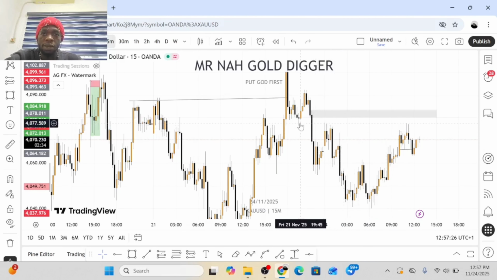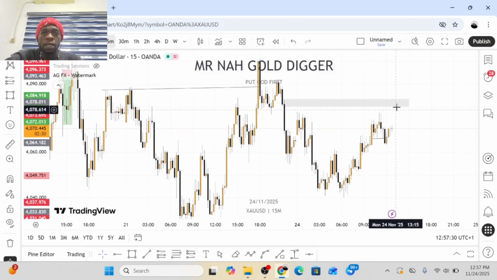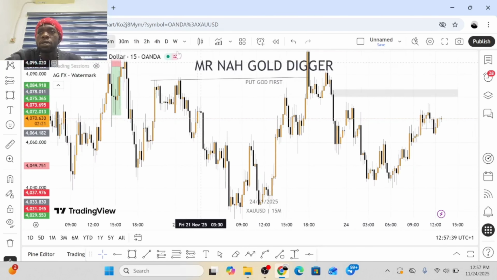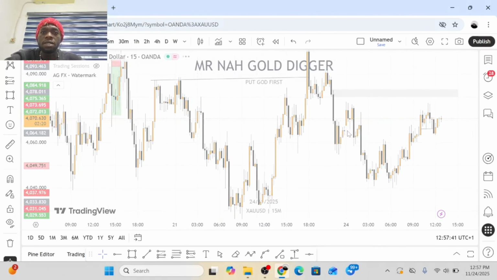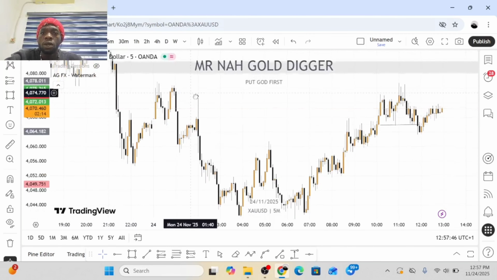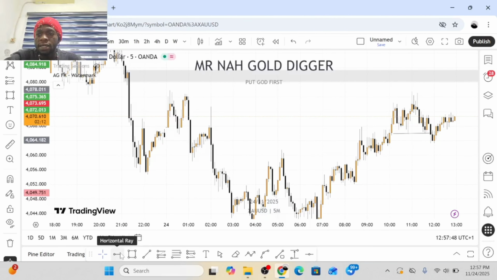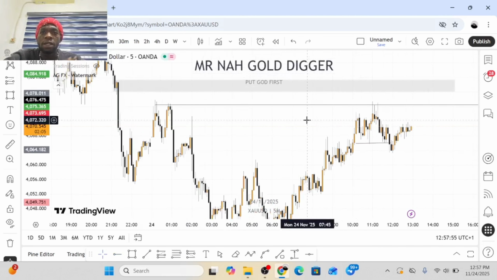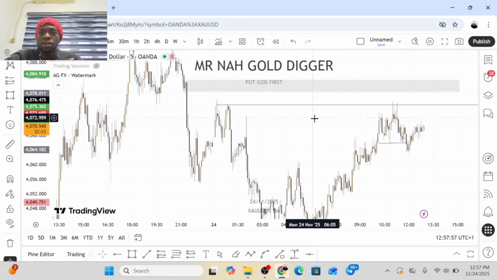And if it breaks past this last lower high with bearish confirmation, like a liquidity sweep to the downside, then we'll know for a fact that the market wants to grab more liquidity here before going to the downside. Because if you go down to the 5-minute chart, you will see that we have a double top at the left hand side here, and that's one of the confluences I have to have before validating any trade idea. Do you understand?